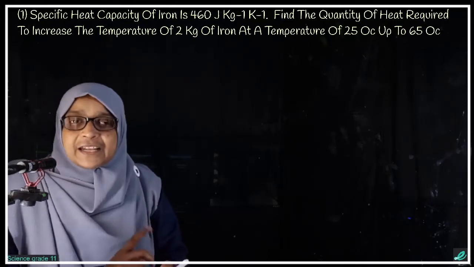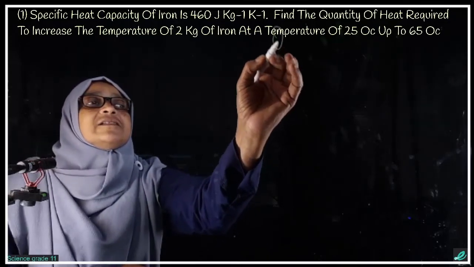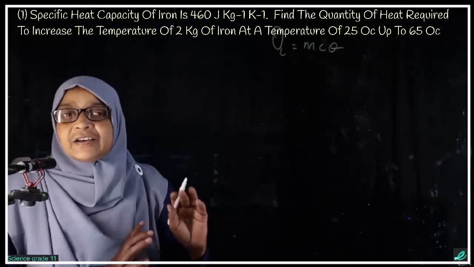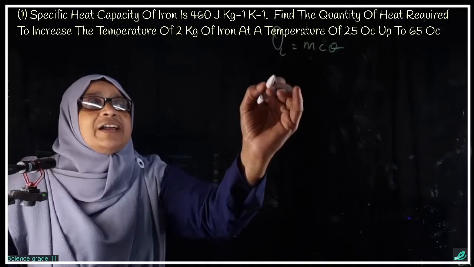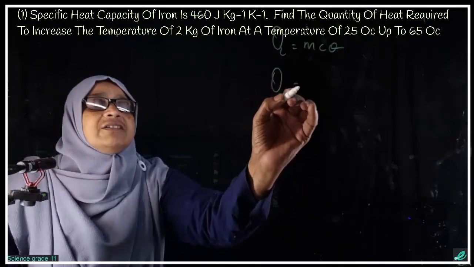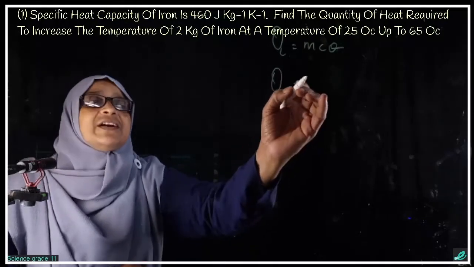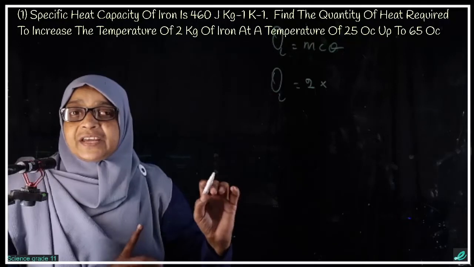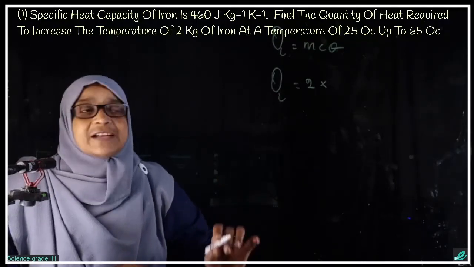Okay, directly we can apply Q equals m c theta for this question, to find the quantity of heat energy. M is given, what is the M? 2 kg. What is the specific heat capacity of iron? It is given, 460.